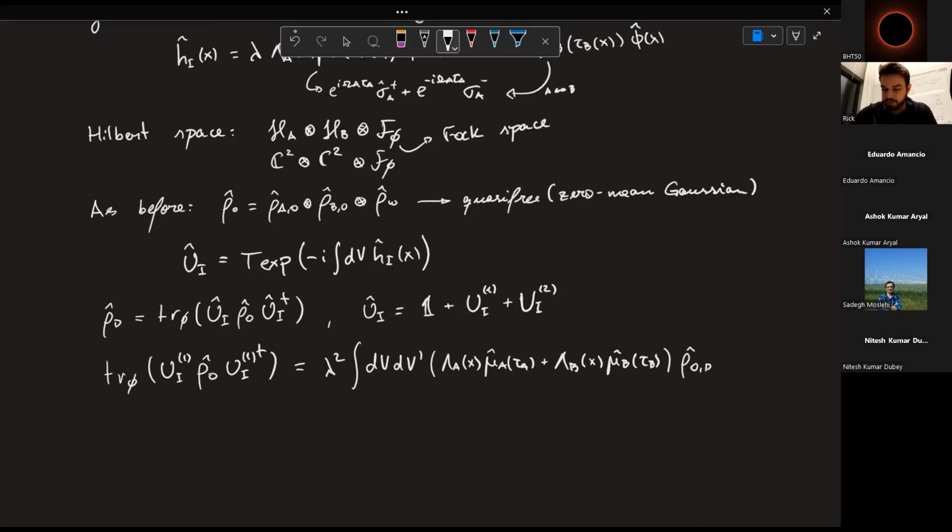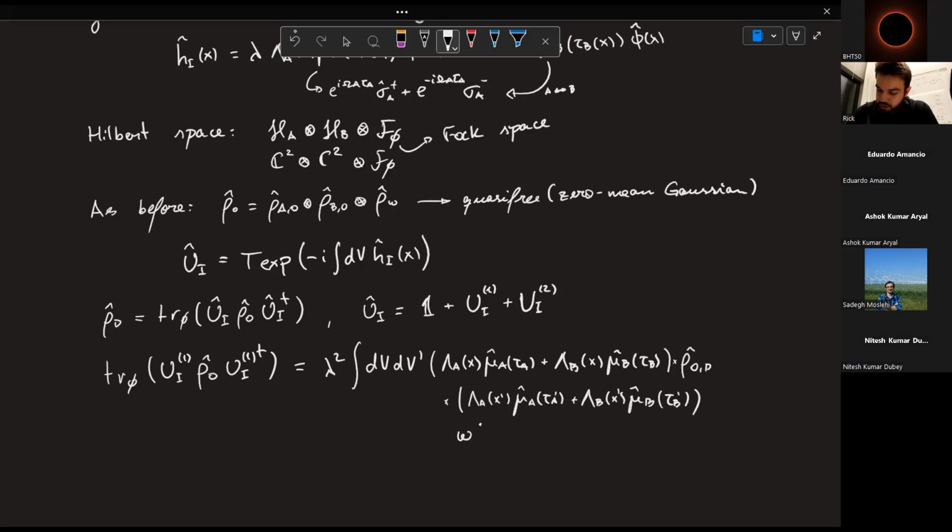But because we're already tracing over the field, I'll skip this part. Already skipping a couple of steps, we would get something like this: mu A of tau A prime plus lambda B of x mu B of tau B prime.